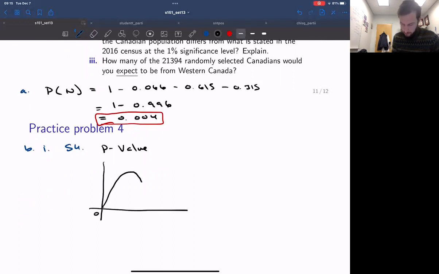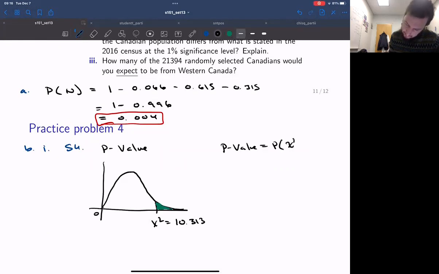Okay, so here's our chi-square curve. Here is our test statistic. We want this green shaded part here. So we need the probability that the chi-square exceeds 10.313.